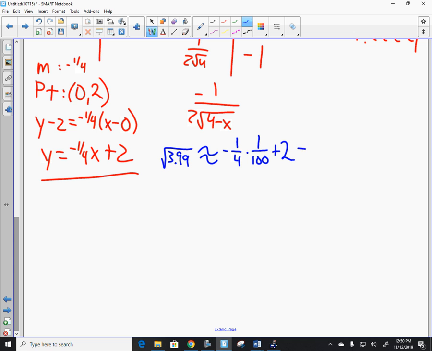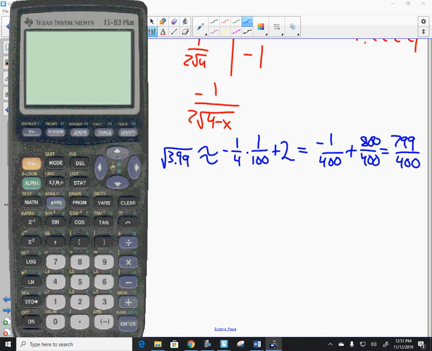When I do that, I get -1 over 400 plus, if I write 2 with a common denominator, what would it be? 800? And I get 799 over 400.